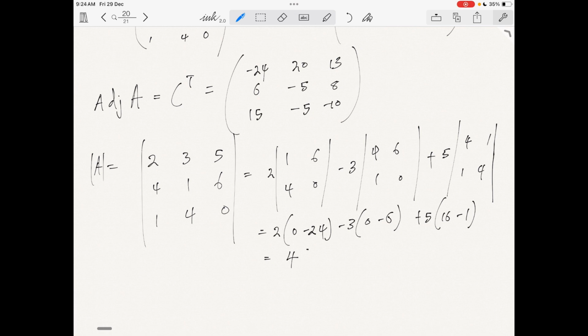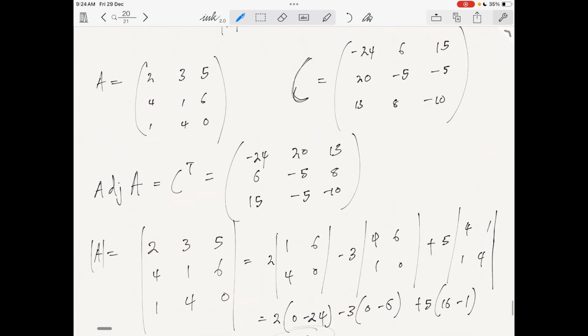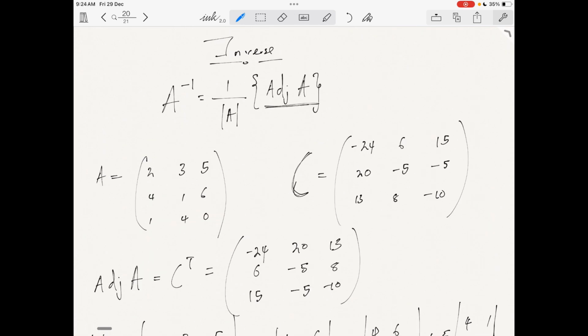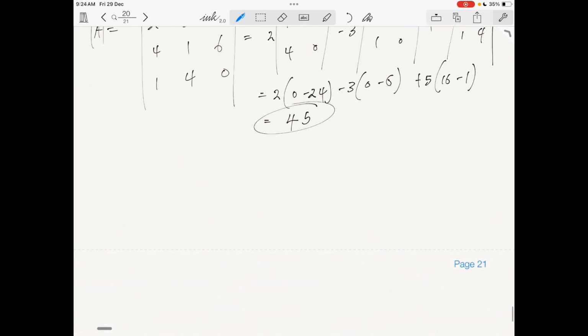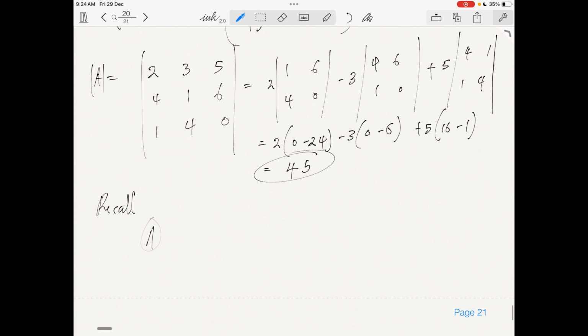Now that we have evaluated the determinant, we come back to our formula. We can now say that the inverse of A is the adjoint of the matrix divided by its determinant.